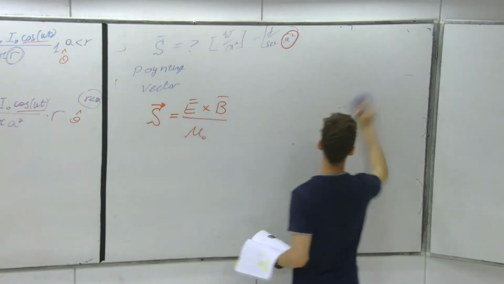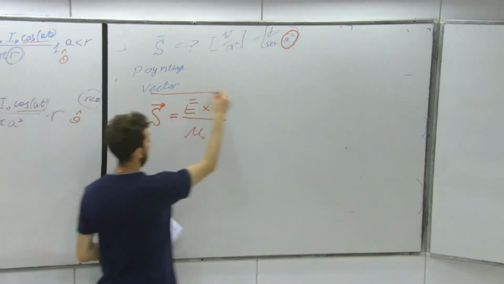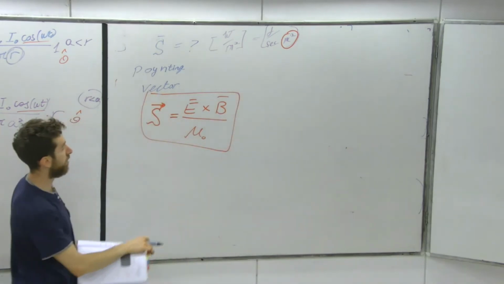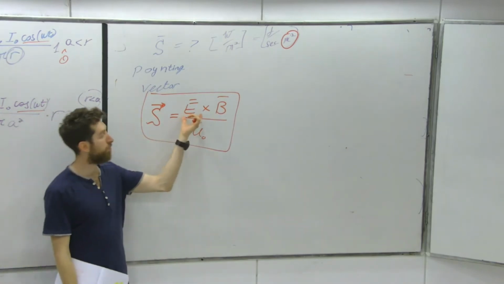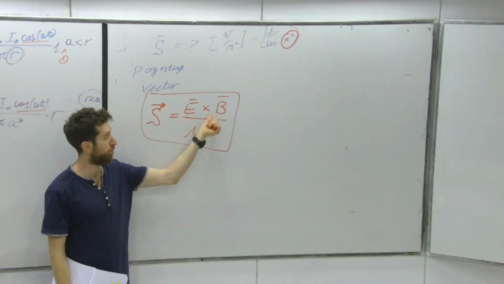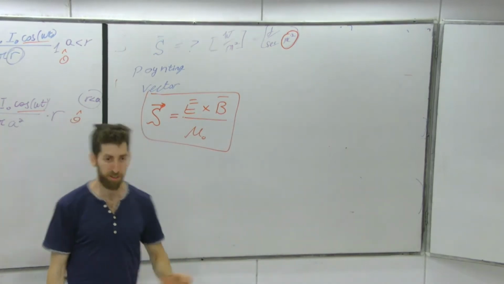This is the formula, a really important formula for the exam. And it's going to be asked again. What is the pointing vector? To find the pointing vector, I need to find E, I need to find B, do the cross product, divide by the constant, I'm done, give me my 100. That's how it's done.